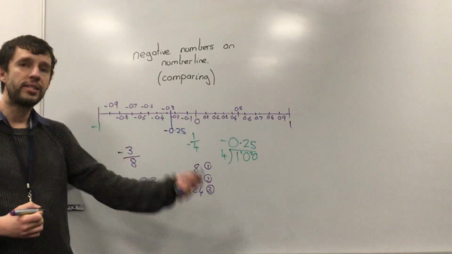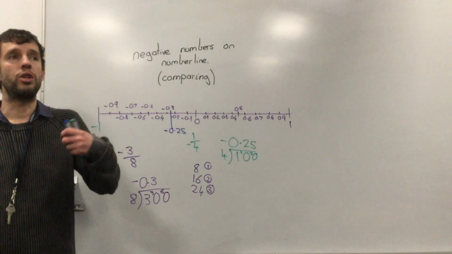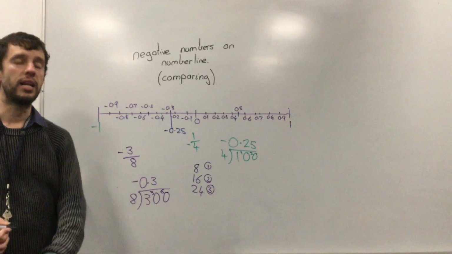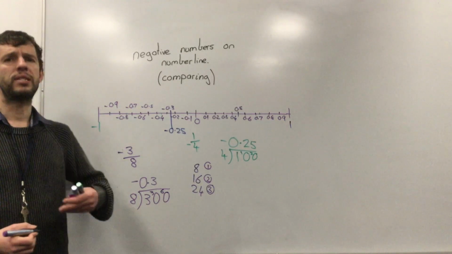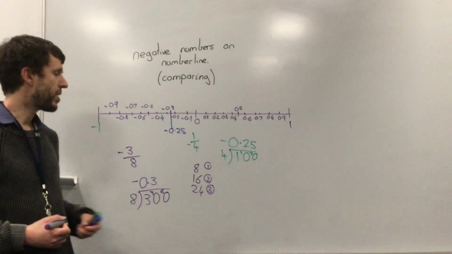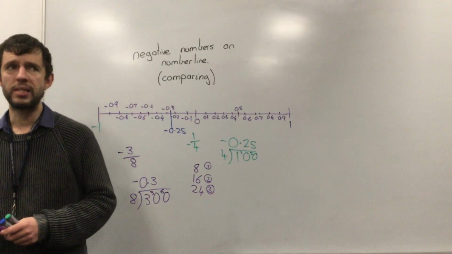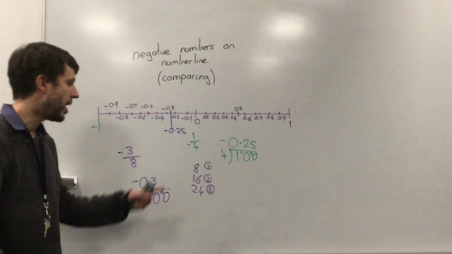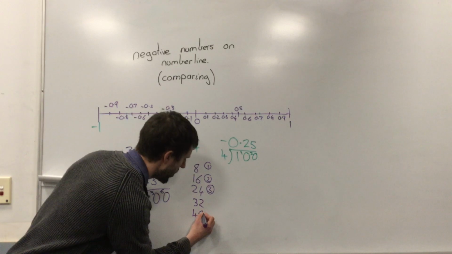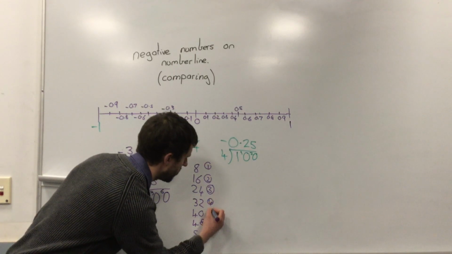So I carried 6 tenths over, and then I cut them again into 10 pieces each. So I have 60 hundredths. Again, I have 60 hundredths, and I'm sharing them between 8 people. How many do they have each? If you get stuck with your times tables, we can just keep on skip counting. 8, 16, 24, 32, 40, 48, 56.